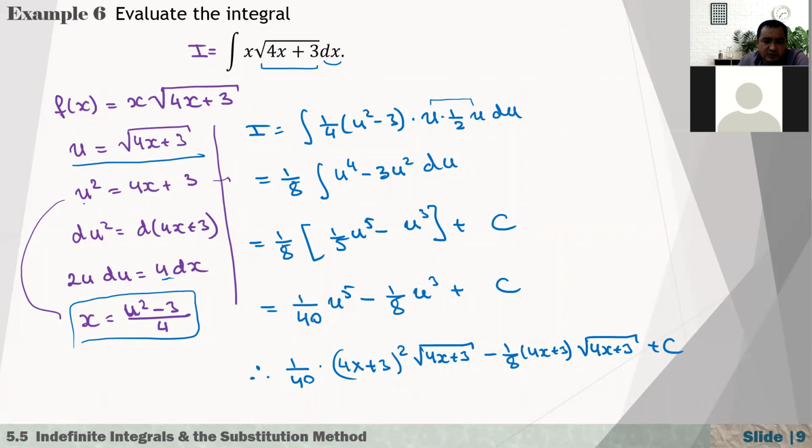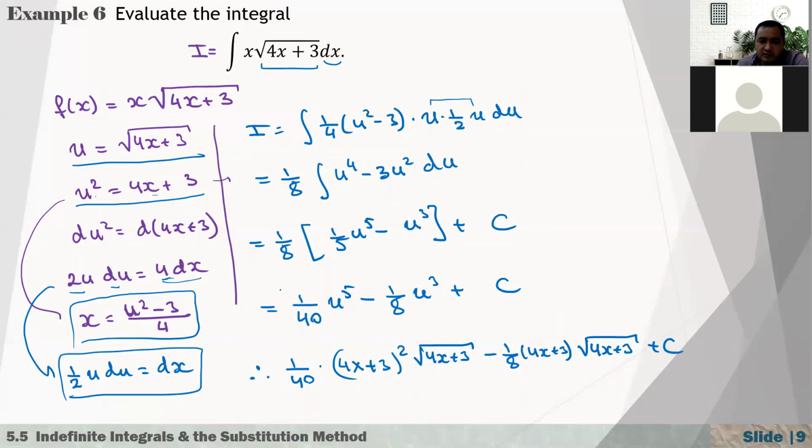So u squared equals 4x plus 3. The differential of u squared is 2u du, and the differential of 4x plus 3 is just 4 dx. Dividing both sides by 4, we have 1 over 2 u du equal to dx.